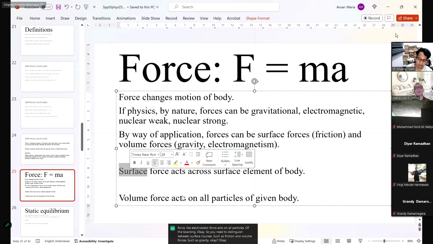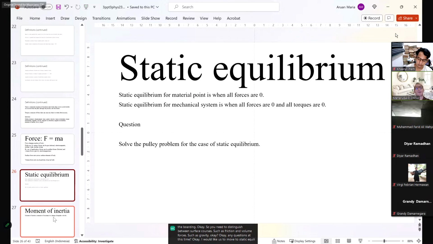Any questions at this time? Okay. I would like us to move to static equilibrium. And I would like us to know, if we don't know yet, that static equilibrium of a material point means that all forces applied to this material point cancel out.